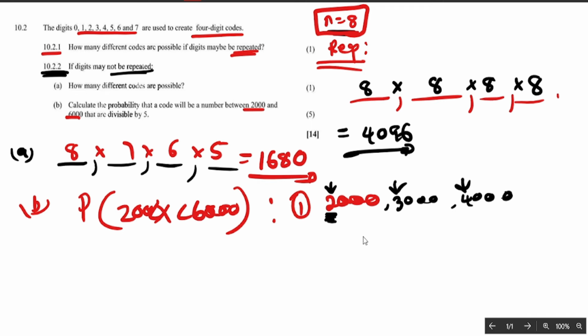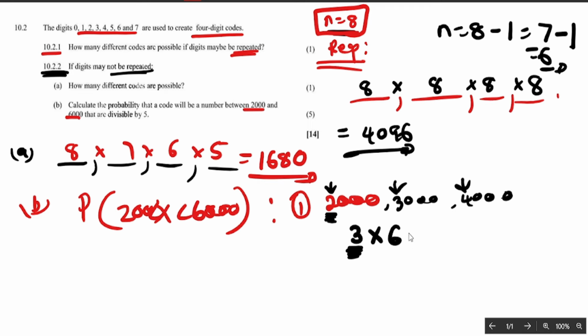So you're going to have three of those digits at the beginning, multiplied by, remember that now you are removing 1. If you remove 1 from n equals 8, you're left with 7. But you also need to remove another 1, so it's going to be 6.